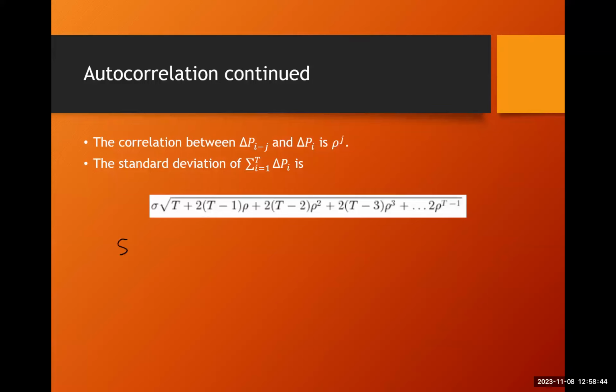So the standard deviation of the t-day change in the portfolio is given by this value, which you would then need to multiply by a z-score in order to find your value at risk. Without an autocorrelation, or when rho is equal to 0, all this simplifies to just the square root of t, which is good, because that is what we expect.